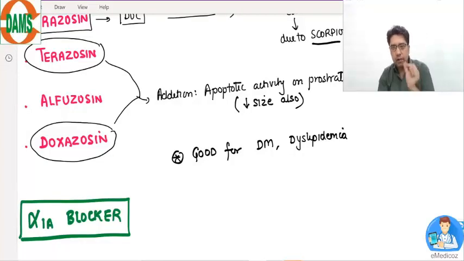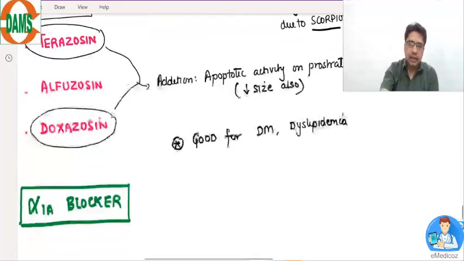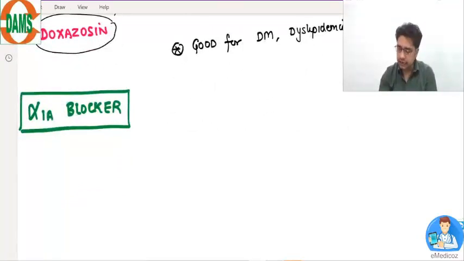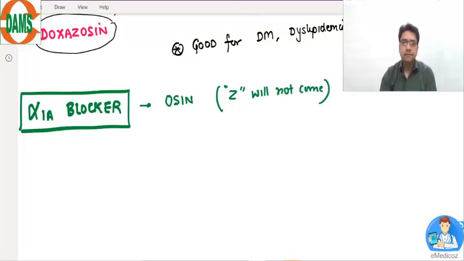Alpha 1A blocker will only act on the internal urethral sphincter. Do you agree with this part? And these drugs end with the word osin. Z will not come.